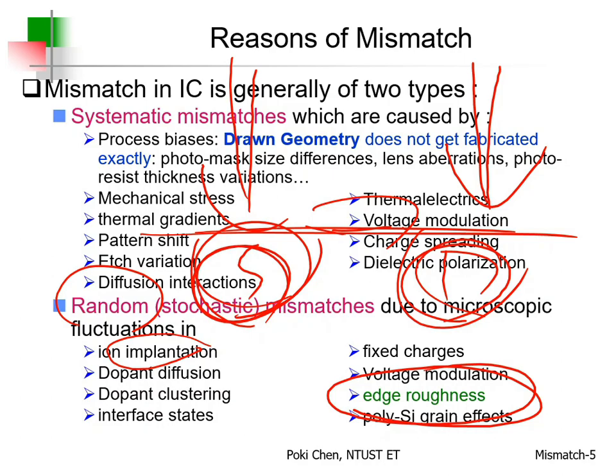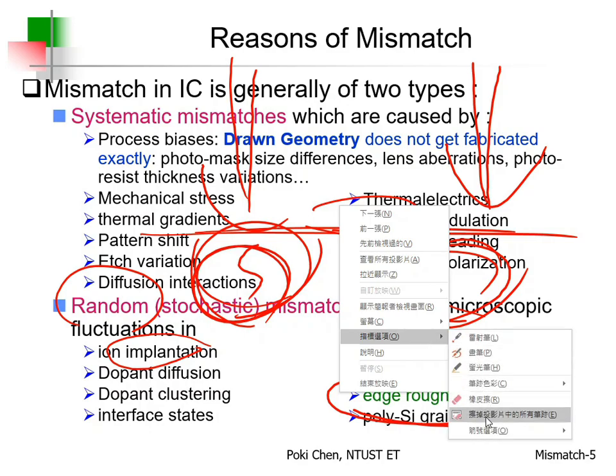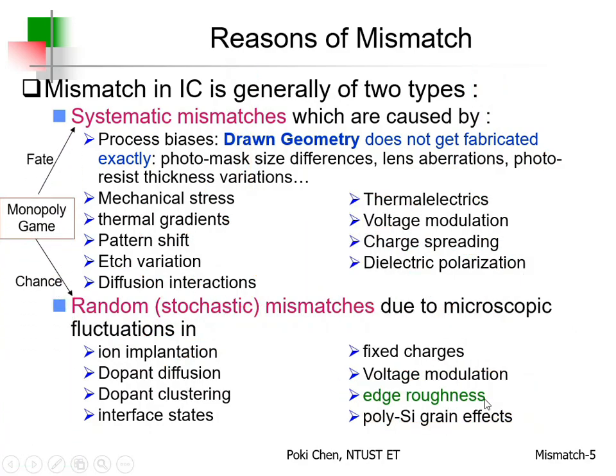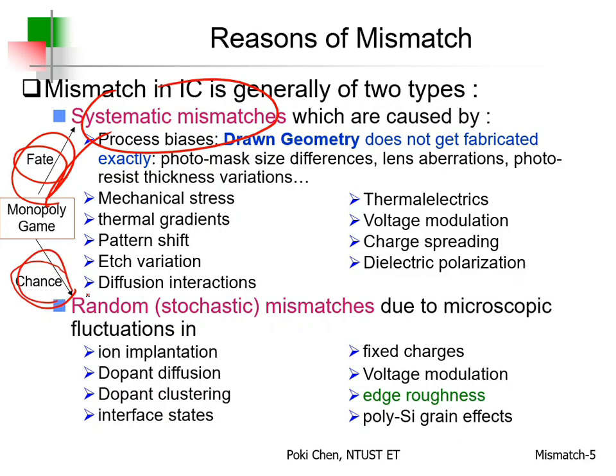According to what? The concentration of your chemical solution. Local concentration won't be exactly the same. Okay? That's it. Just like a game we called Monopoly. 大富翁. During the game, you need to throw the dice, right? Then you get fate or chance. 命运或是机会. For fate, it looks like systematic mismatch. For chance, it happens randomly, right?